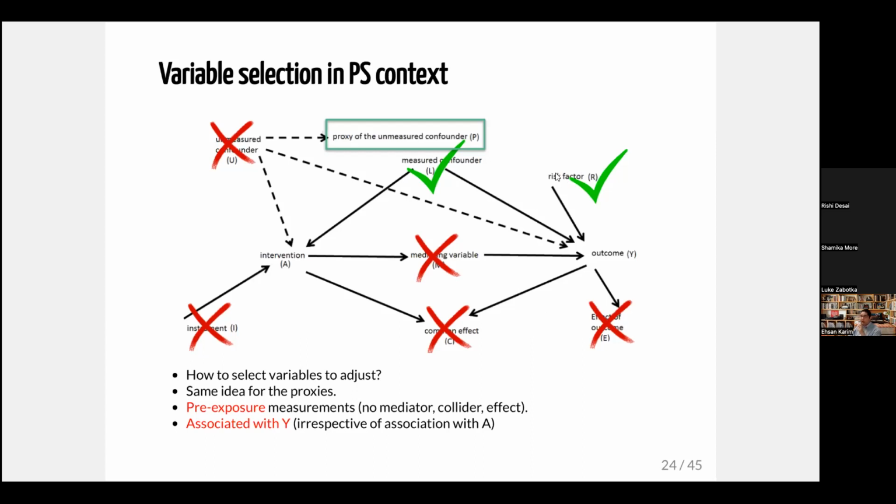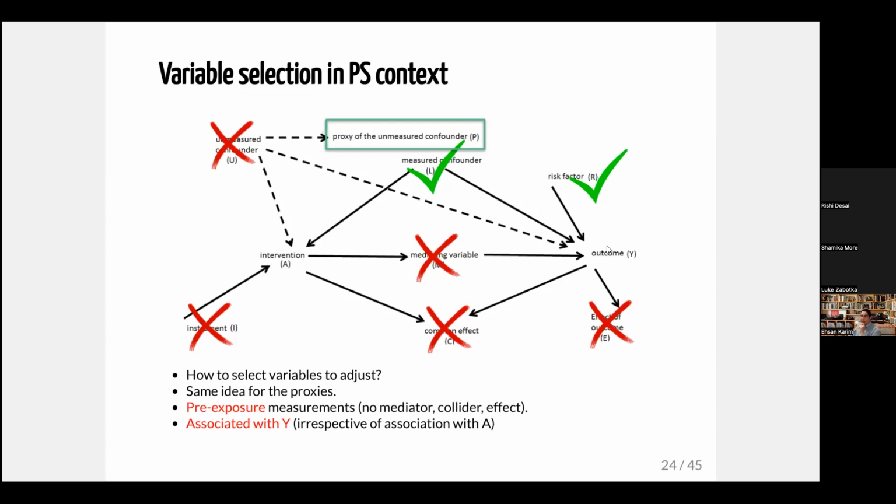And what is the one thing that is common between the confounder and a risk factor of the outcome? That both are associated with the outcome. Irrespective of whether they are associated with the treatment or not, both are associated with the outcome. But the problem is there are other covariates that have similar properties. Say, for example, the collider variables or the mediating variables or the effect of outcome variables have the same property that those are also associated with the outcome.